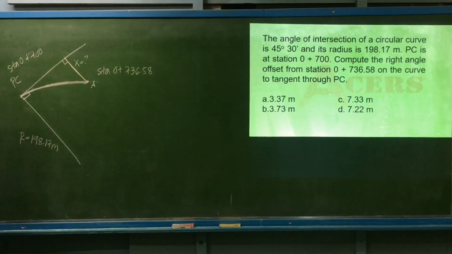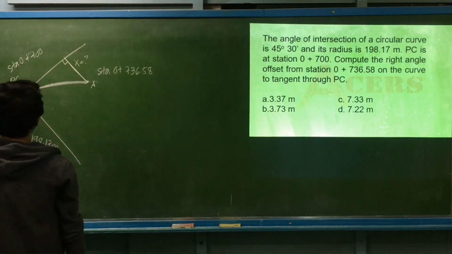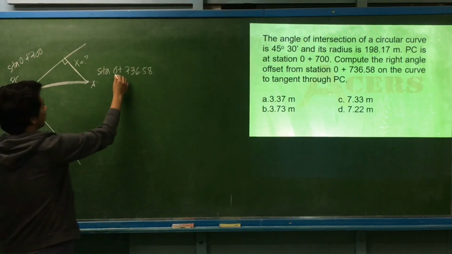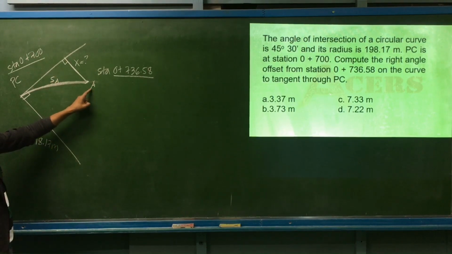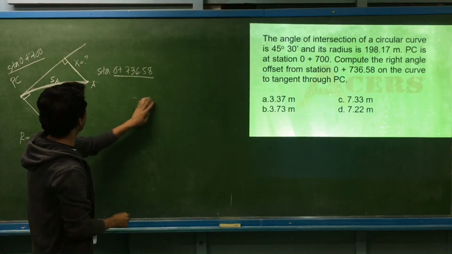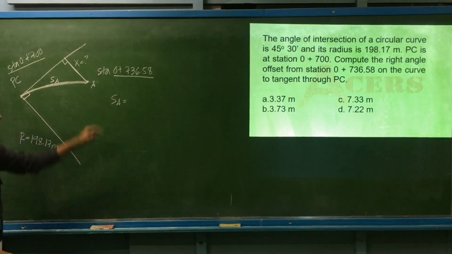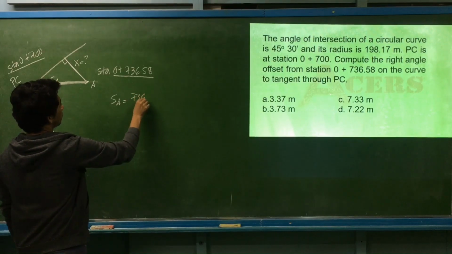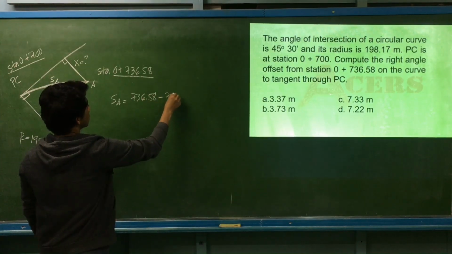Okay, we are looking for the length of this perpendicular offset. So what will be our solution? How will we get that stationing? Based on its station number, we can get the arc length up to point A. The arc length up to point A is basically the difference in stationing of the two points, from PC to point A. That is 736.58 minus the stationing of PC, which is 700.